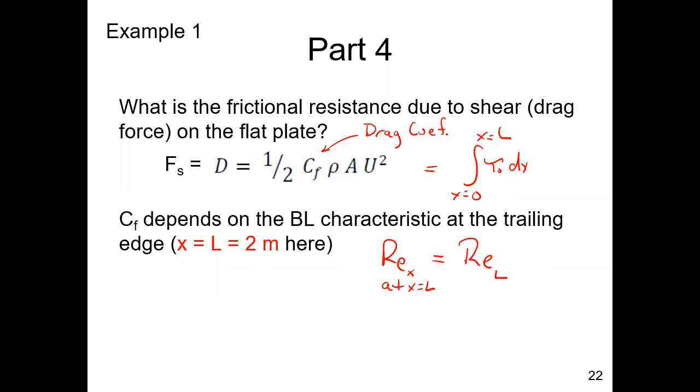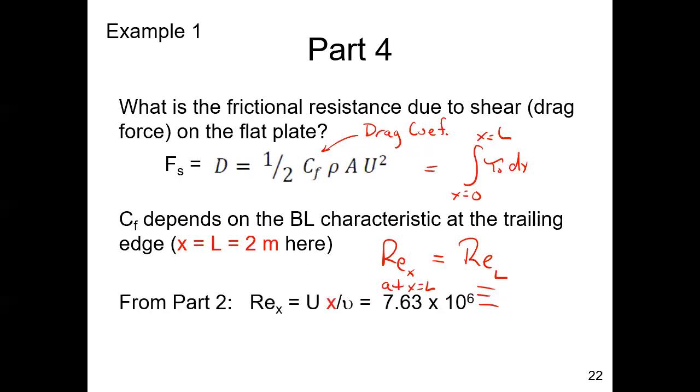Boundary Reynolds number at the trailing edge at x equal to L. And in that case, C sub F, the drag coefficient, depends on the boundary Reynolds number at the trailing edge. So it doesn't matter that you have a laminar boundary layer at the leading edge. It's whatever that boundary layer characteristic is at the trailing edge that's going to dictate the drag coefficient.